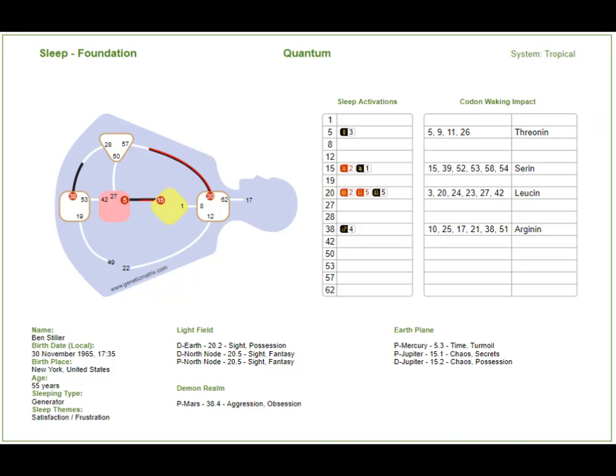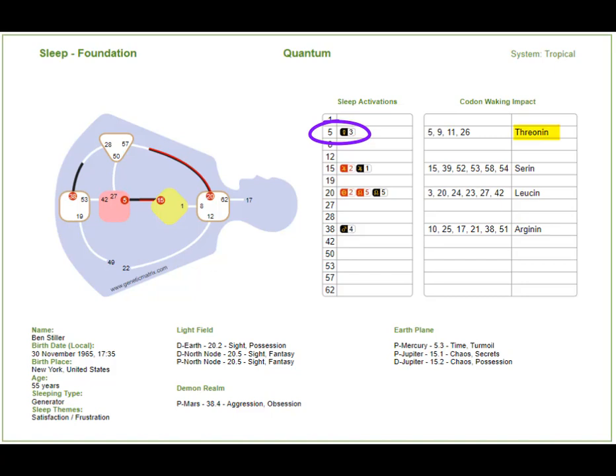Well, that's not true, because each gate belongs to a particular chemical codon family. So if there is a sleeping activation, let's take the 5th gate here, this particular gate belongs to the codon through the amino acid threonine. Which other gates belong to that?